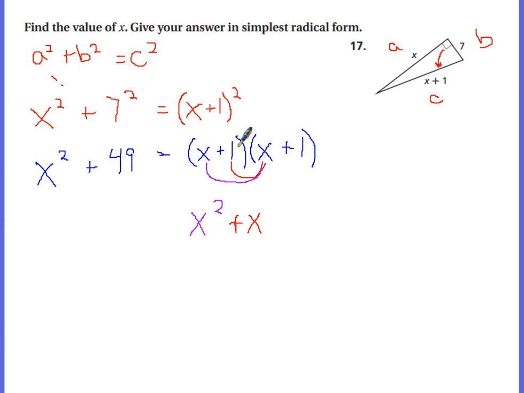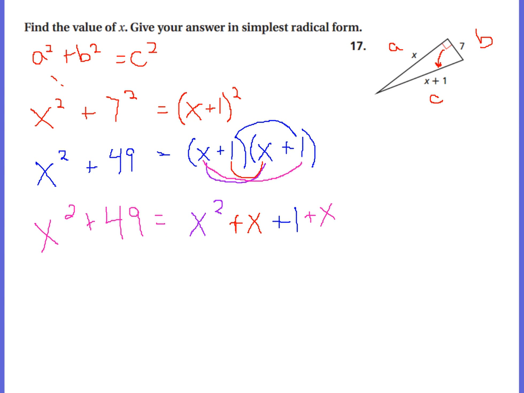Then we can go 1 times 1, that's 1. And then we can get the last one that we haven't done yet, that would be this 1 times this x over here, that's another x. Okay, so now we've got x squared plus 49 equals all this stuff that we just did.